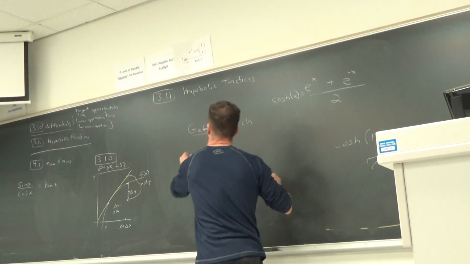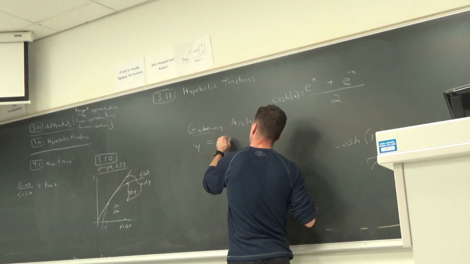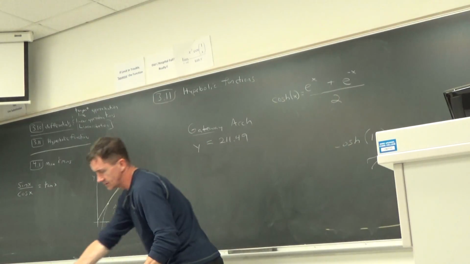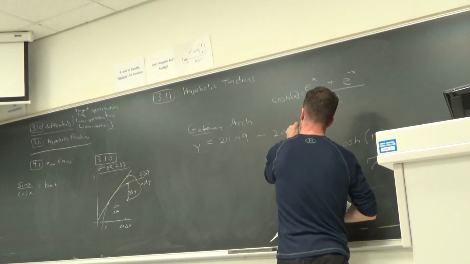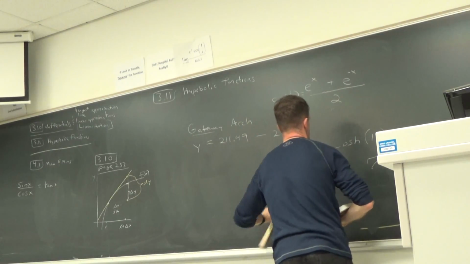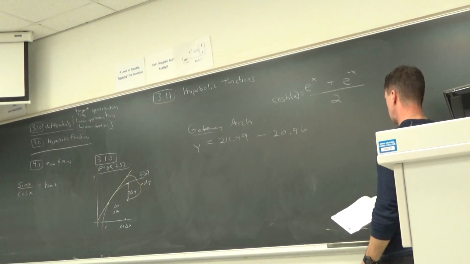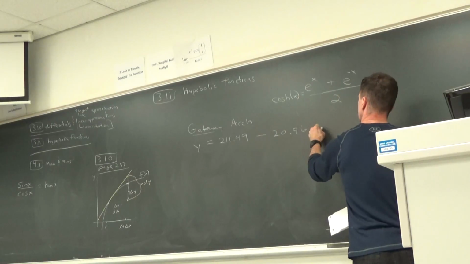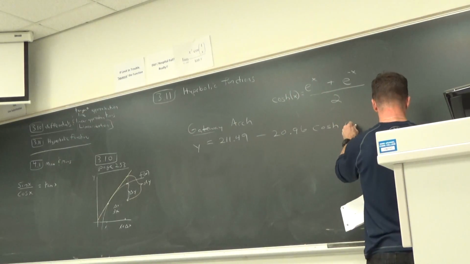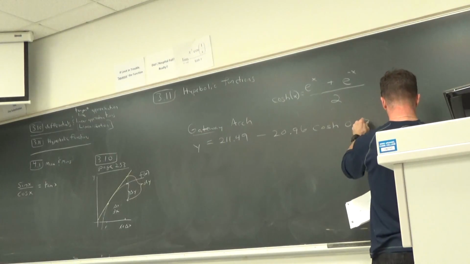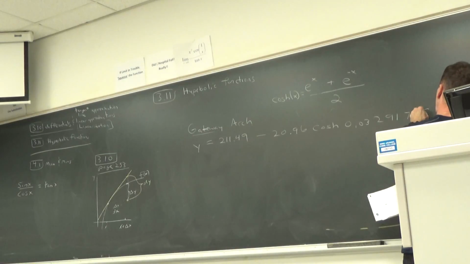All right, here we go. y equals 211.49 minus 20.96. Boy, they're never neat numbers, are they? So tell me about this then. 0.03291765x.